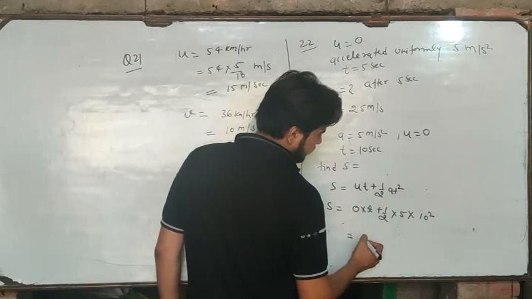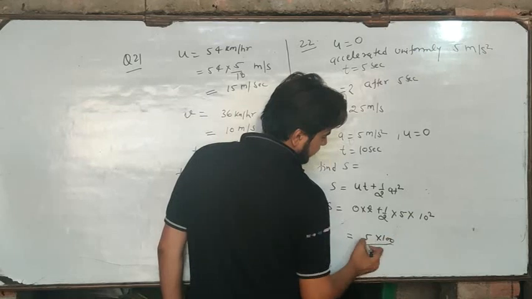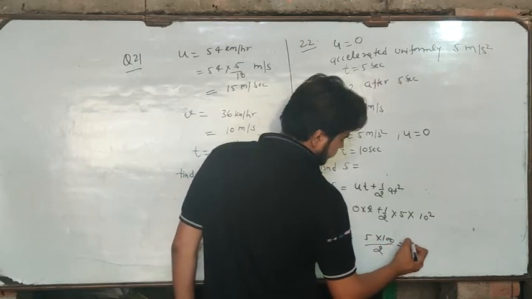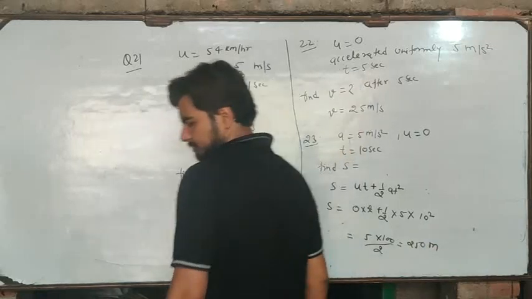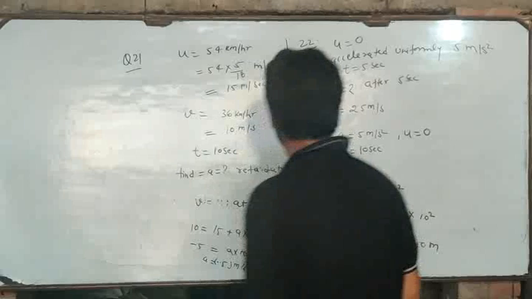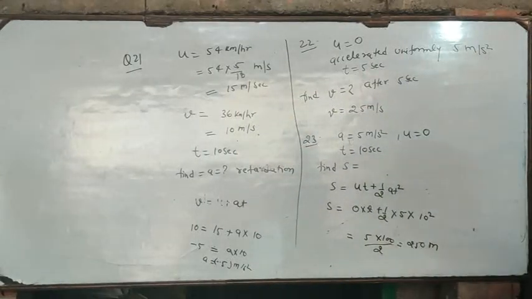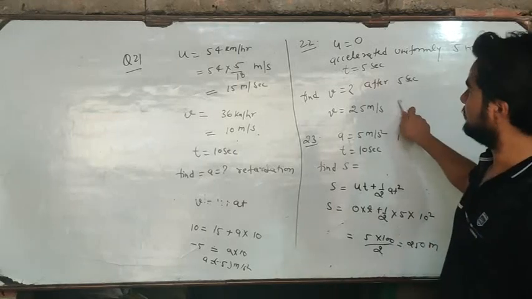This is equal to 5 into 100 divided by 2 meters. Now write this down. Do this question by yourself.